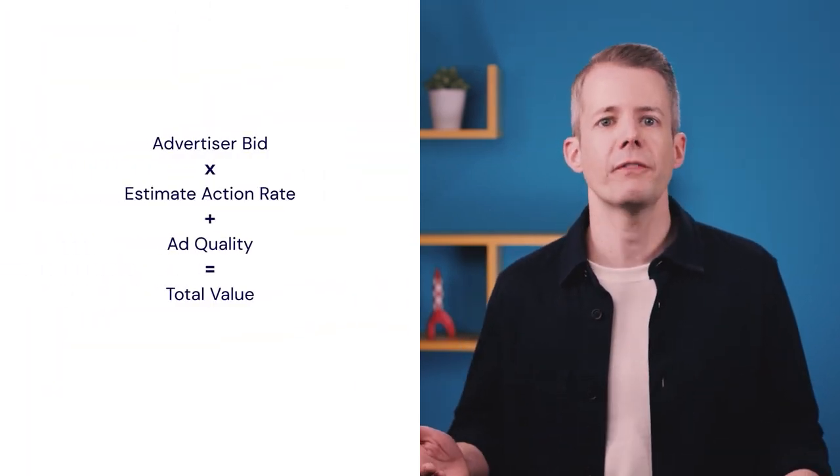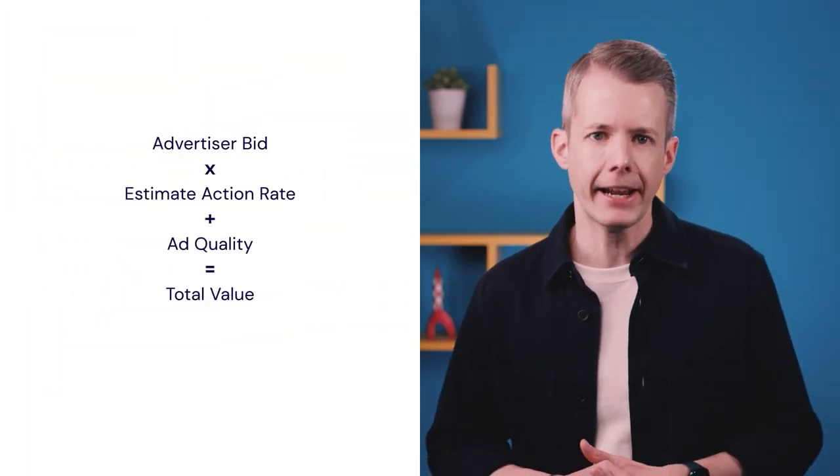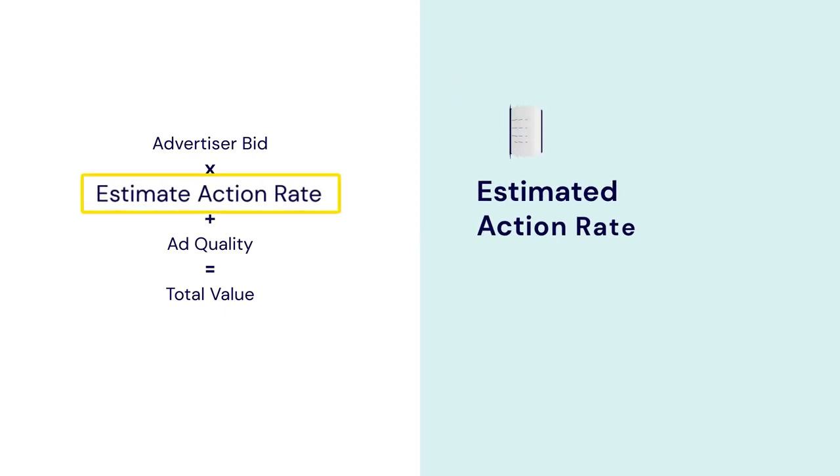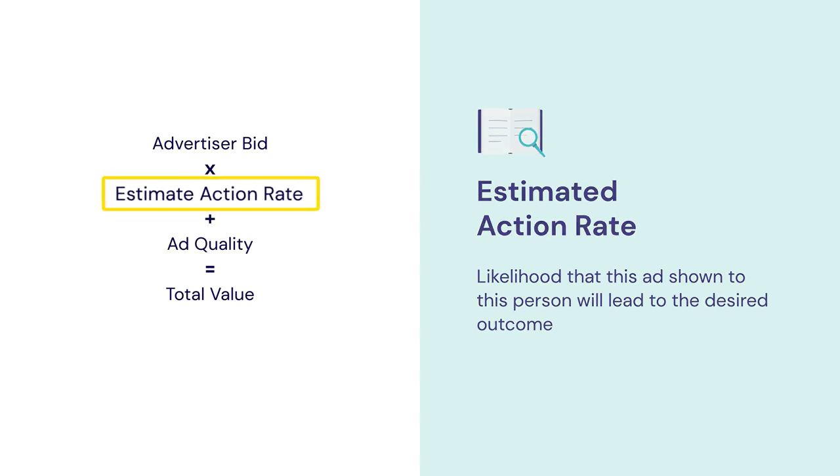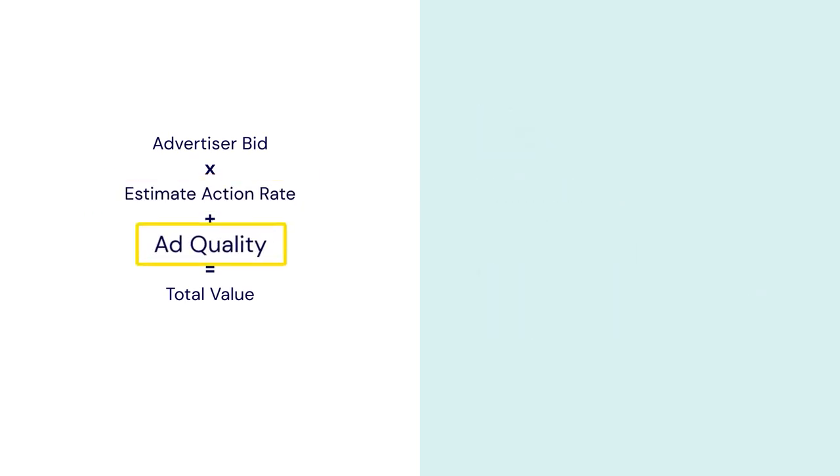The next part of the total value equation is the estimated action rate. The estimated action rate measures the likelihood that a certain ad shown to a certain person will lead to a desired outcome. It's basically an estimation of how likely the user is to fulfill your ad campaign objective, whether that's pressing a Shop Now button or going to your website. The final part of the total value equation is ad quality.